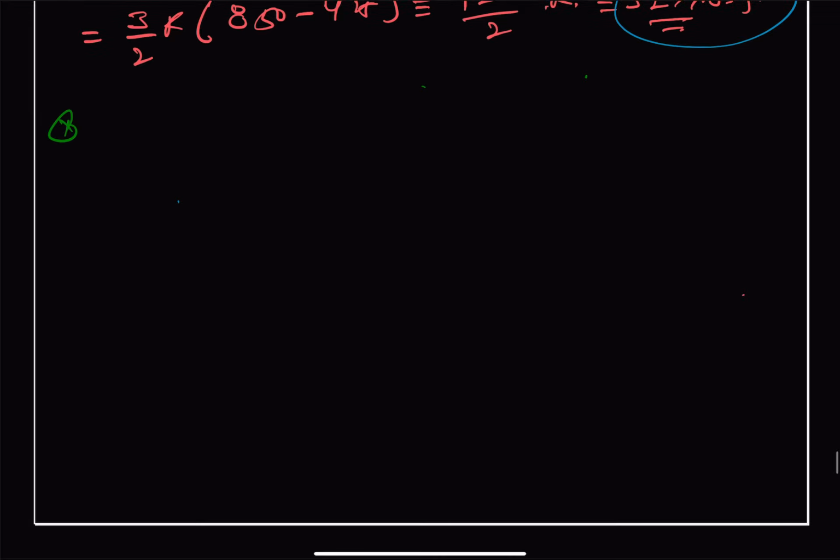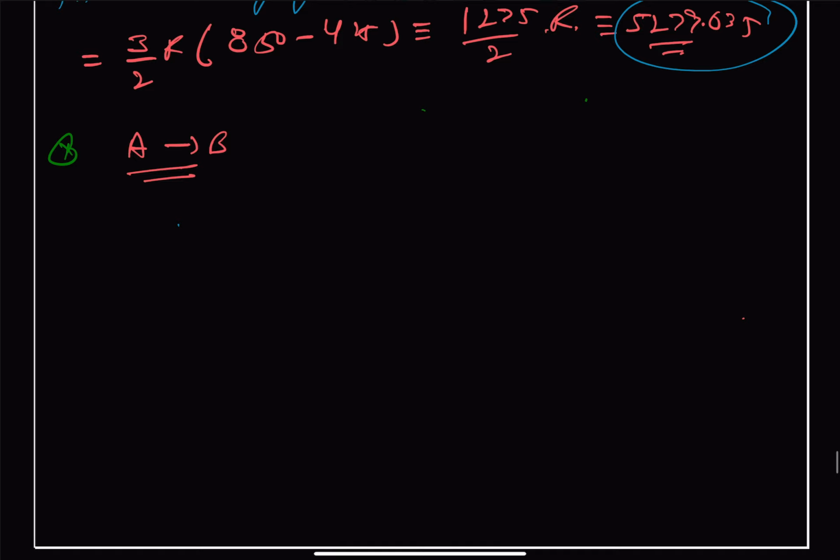So from A to B, we can write that VB upon VA to the power gamma minus 1 will be equal to TA upon TB, and this comes as about 1000 upon 850.